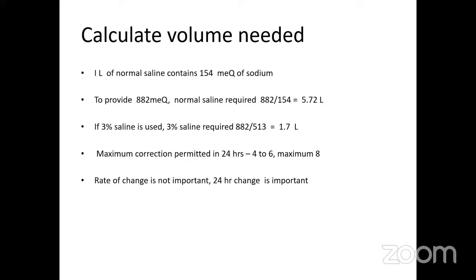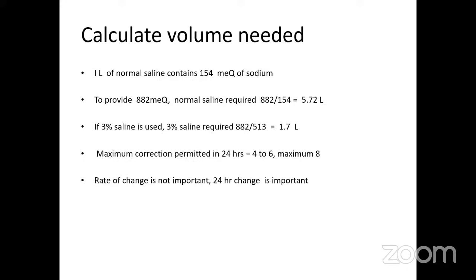If you use normal saline, supposing the patient has got a borderline hypovolemia, if you give this much saline, 5.72, the patient might go in for pulmonary edema. In that situation, it is better to use a concentrated saline, like 3% saline, which contains 513 milliequivalents of sodium. So to give 882 milliequivalents, you require only 1.7 liters.